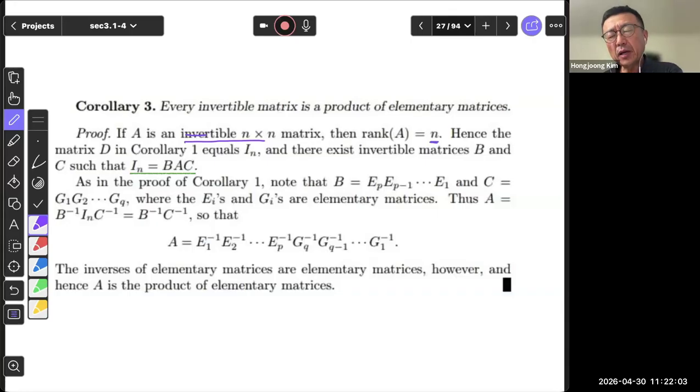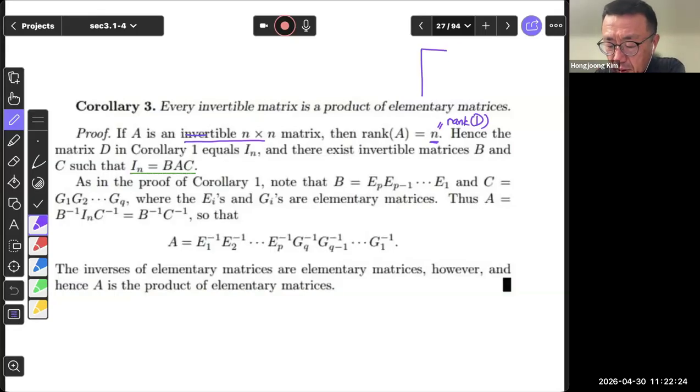Then the rank of A is the same as the rank of D, right? So this must be the rank of D, okay?